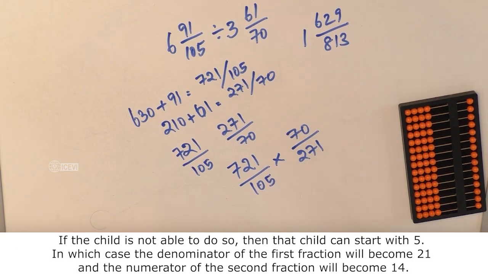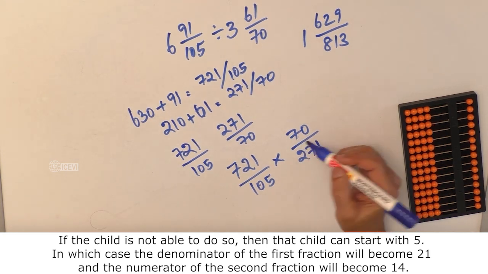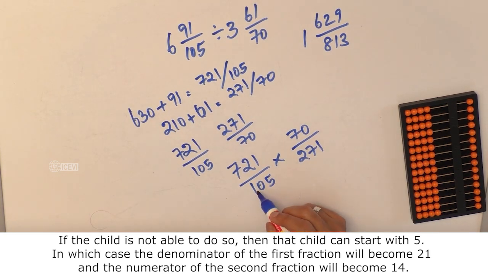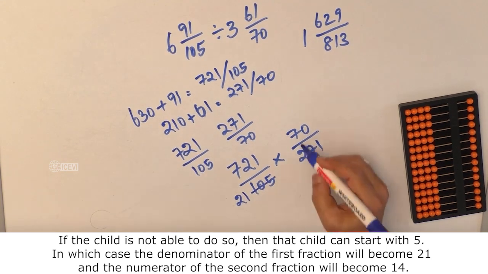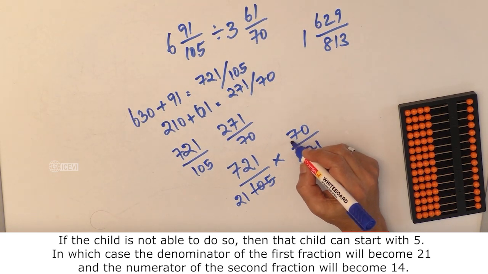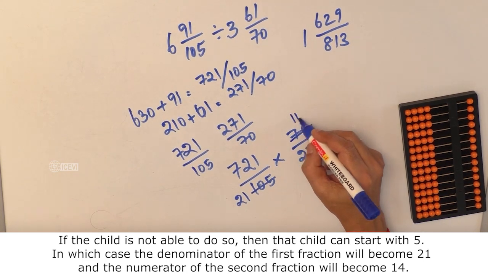If the child is not able to do so, then the child can start with 5, in which case the denominator of the first fraction will become 21 and the numerator of the second fraction will become 14.